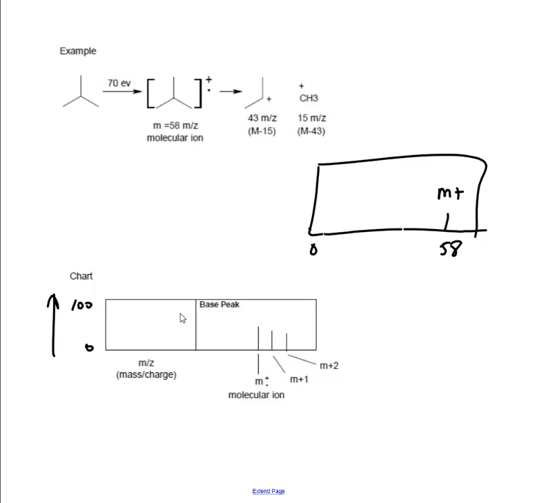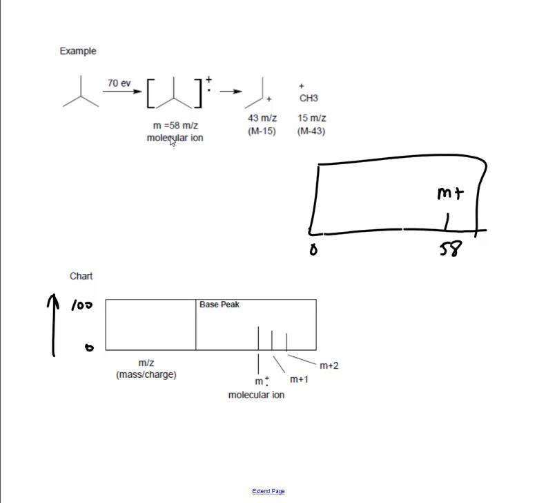Notice that when I broke this one apart, there was a very logical way to do it. I said, okay, if I'm going to break this, one side, from here, when it's a radical cation, when you break this, one side becomes a cation, and the other side becomes a radical. If you break this apart, there's more than one way, right?